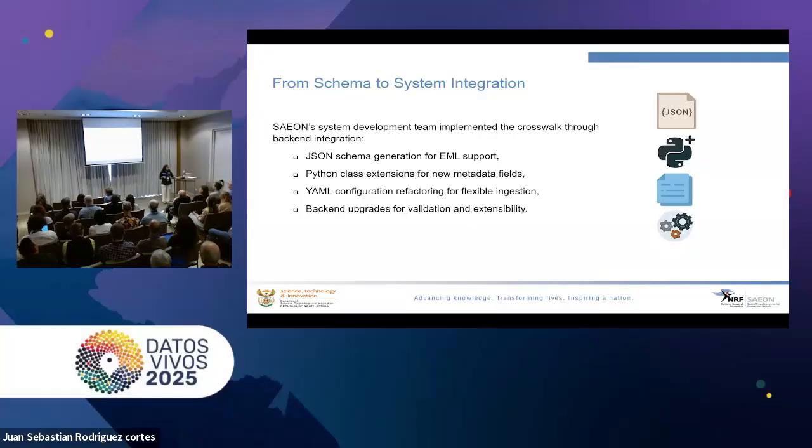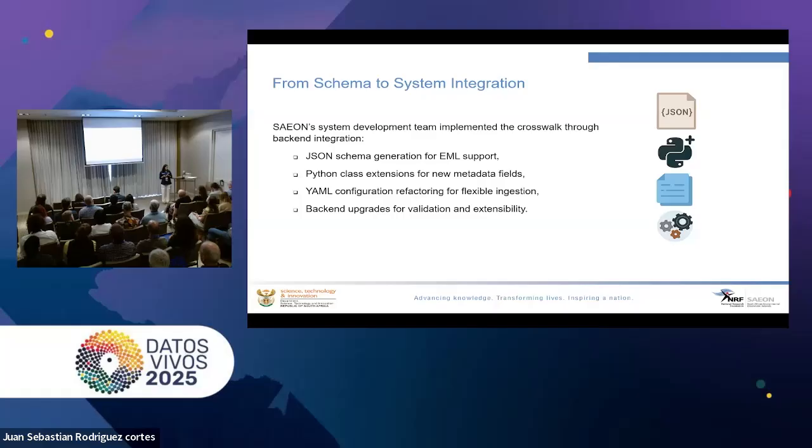Once I had completed this mapping, it was handed over to our systems development team, who have now incorporated it into the back end of our ODP. Some of this work involved generating a JSON schema to support the EML, extending Python classes for new metadata fields, and configuring YAML configurations for flexible ingestion.